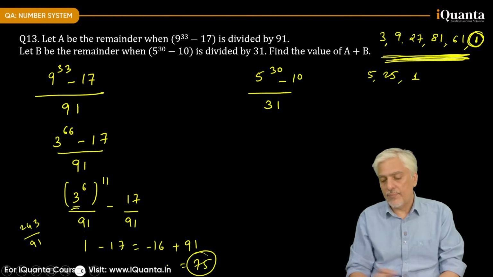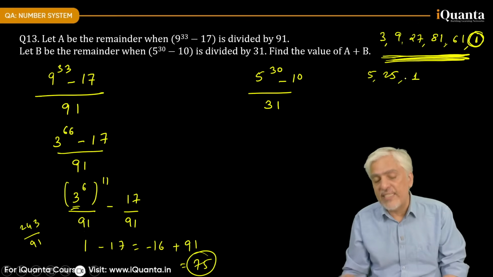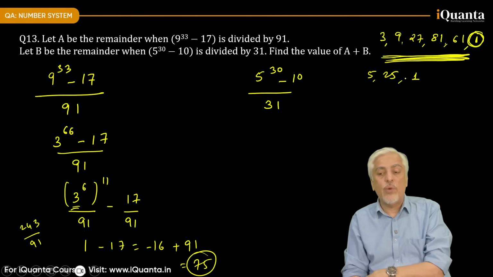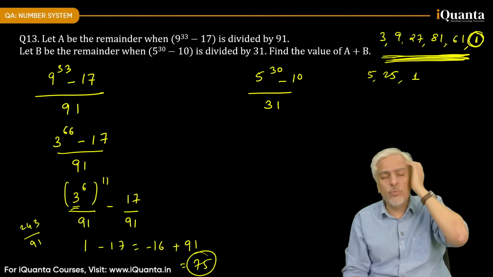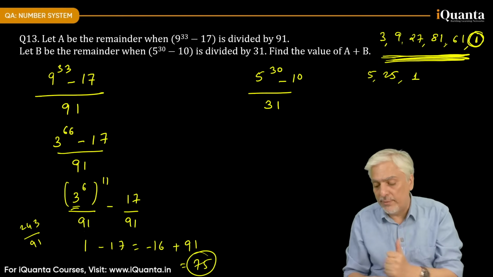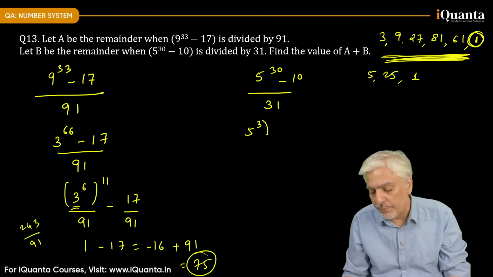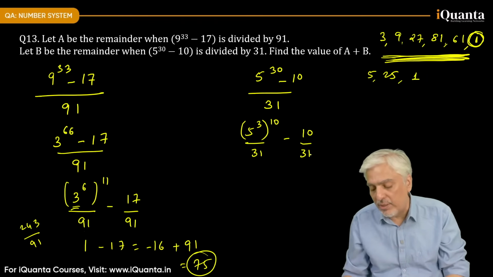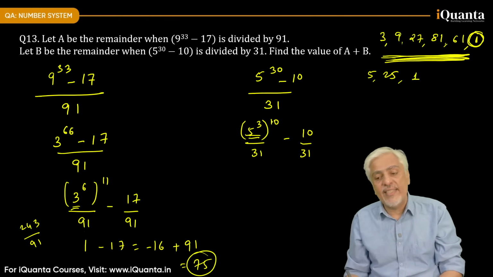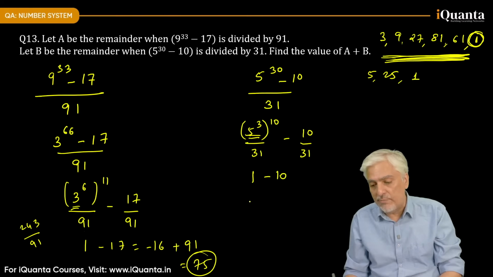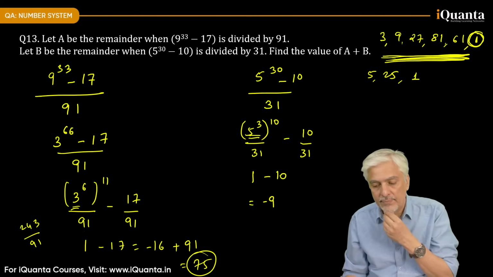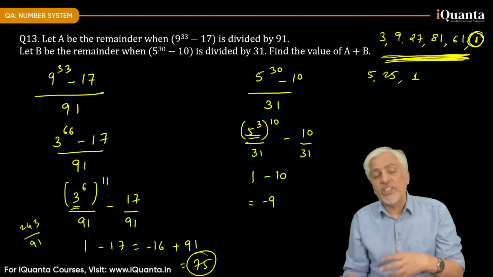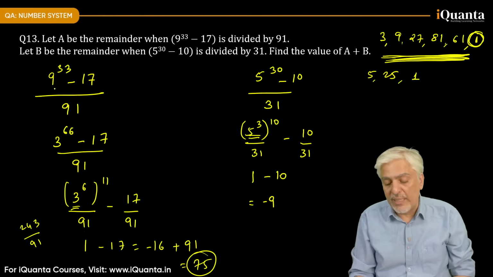Sorry. Yeah. 25 5s are 125. 125 divided by 31, remainder is how much? 31 4s is 124, so remainder is 1. 5 cube divided by 31 minus 10 divided by 31. 1 raised to anything is 1, so this will be 1. 1 minus 10 is minus 9. कर सकते थे राहुल, but शायद I always prefer with a prime number.